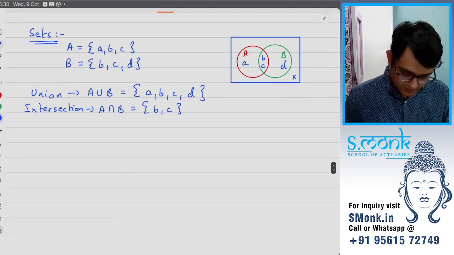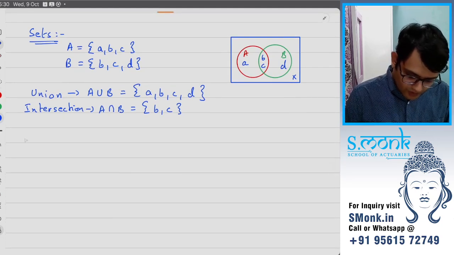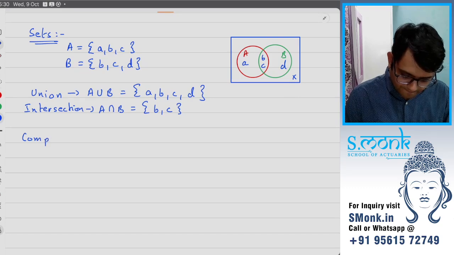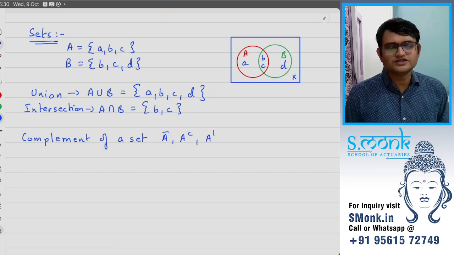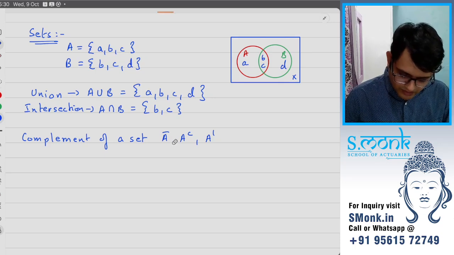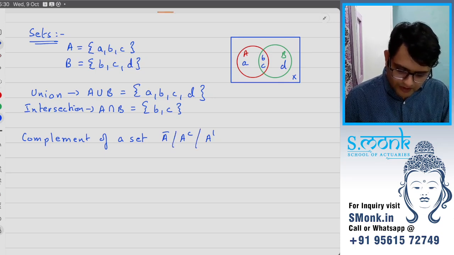Okay. Then we have complement. Complement of a set can be represented as A bar or A^C or A dash. Any one of these are fine. Okay, you can represent complement with any one of these symbols.